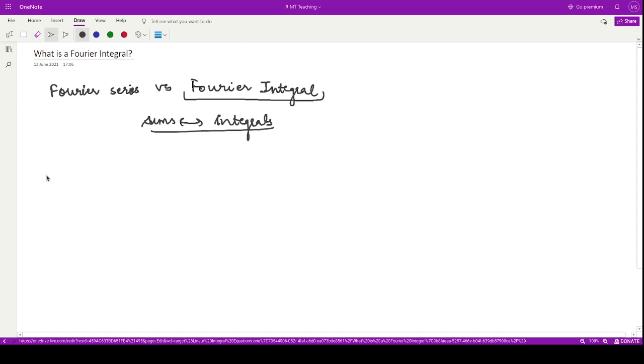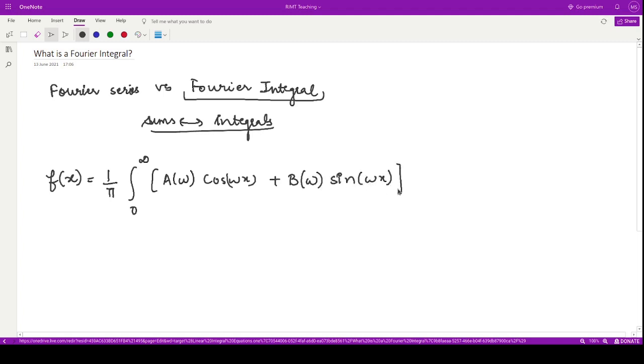came from. In that case, your given function f of x is defined by 1 by pi, integration from 0 to infinity, of a of omega cos omega x. Now I'll be telling you all these terms, what this omega, a omega, and so on are. So just bear with me. Plus b omega sine omega x d omega.